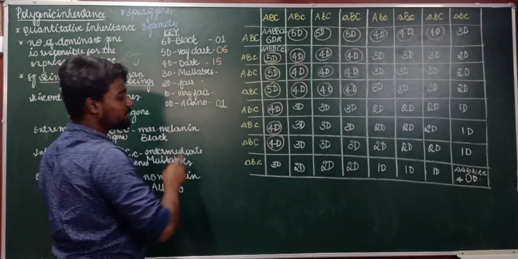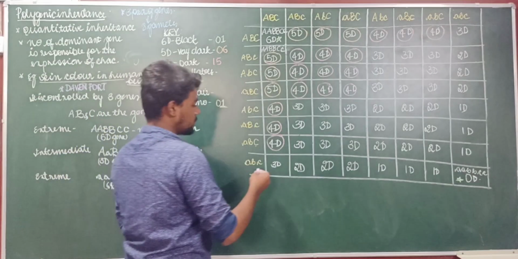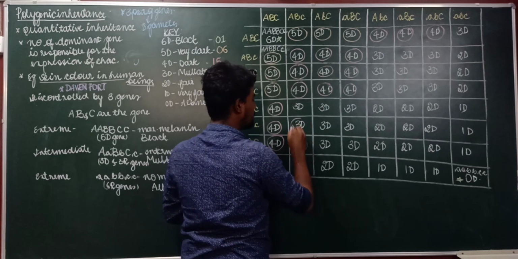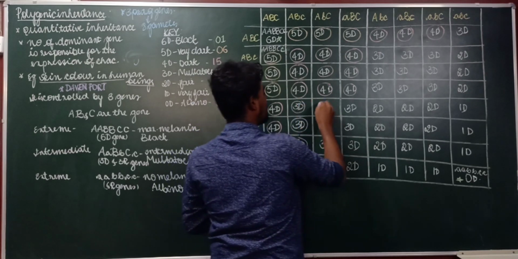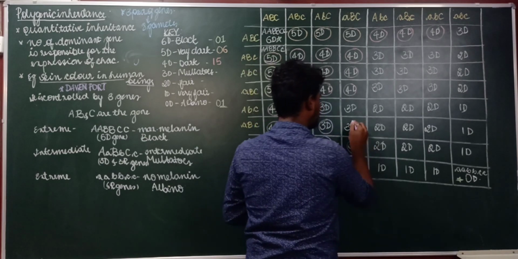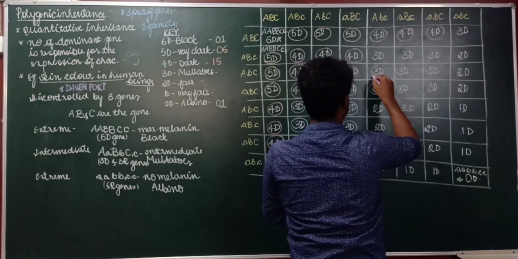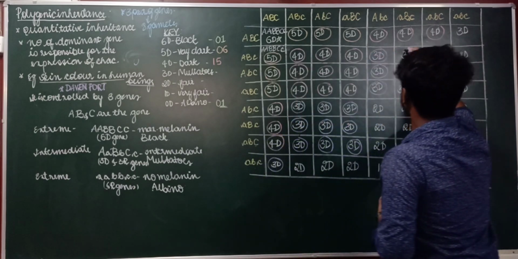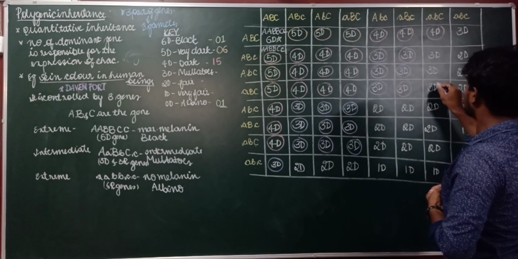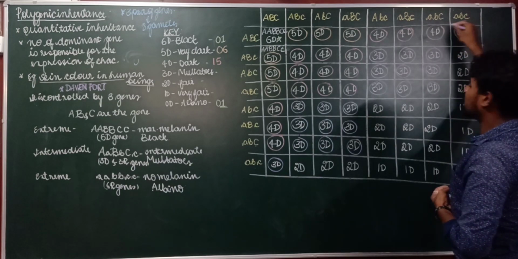Next we have to go for the 3 dominant genes. We will write it in, yes, 3 dominant genes we should count now. 1, 2, 3, 4, 5, 6, 7, 8, 9, 10, 11, 12, 13, 14, 15, 16, 17, 18, 19 and 20.